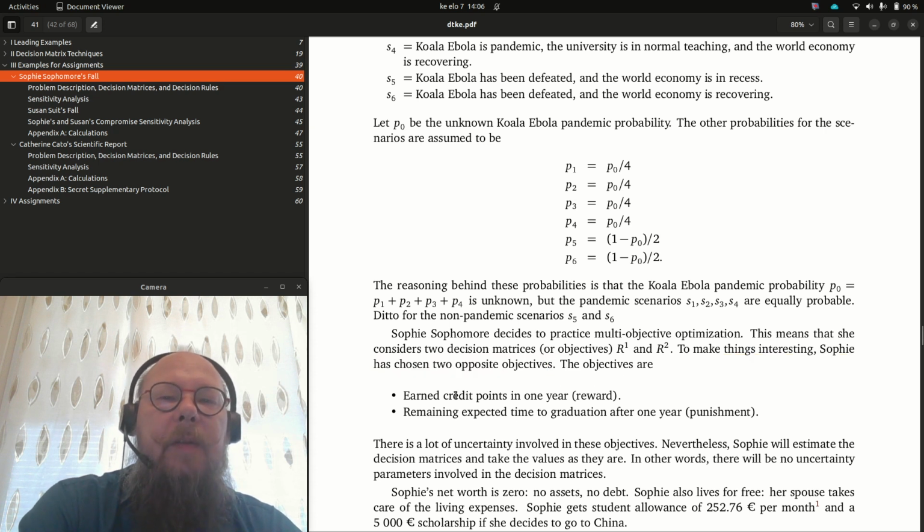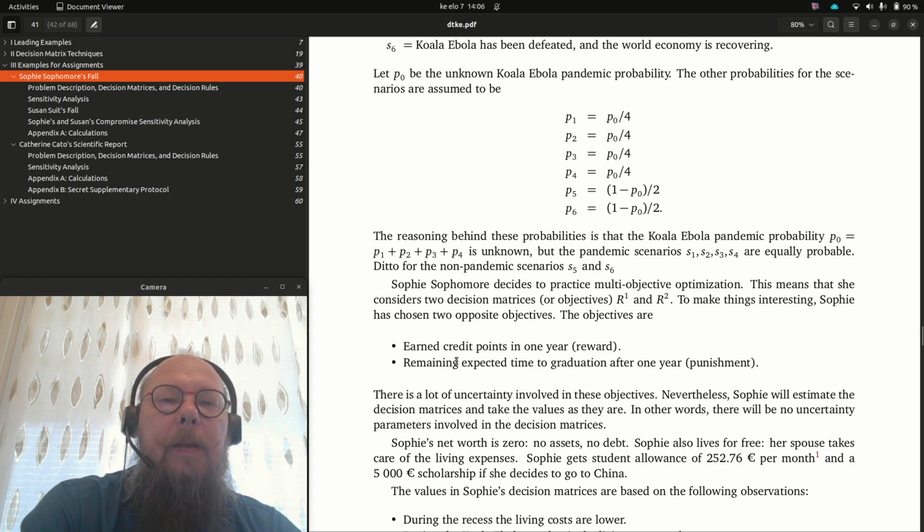So one objective is earn credit points in 1 year, and then there is a remaining expected time to graduation after 1 year. And this remaining time, you should not maximize it, but minimize it. So this is a punishment. So this is a minimization form.